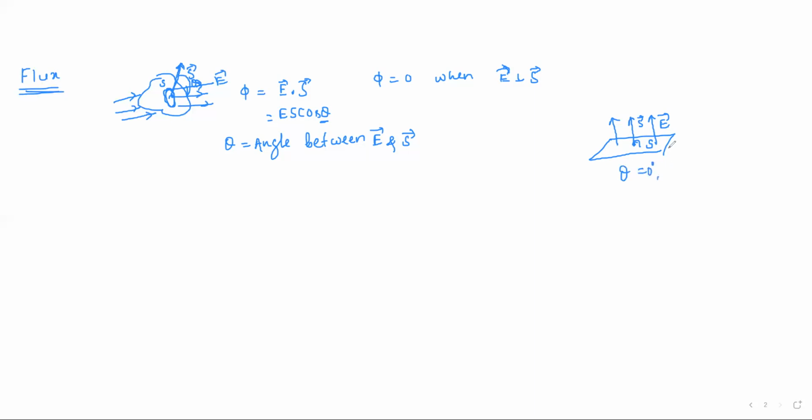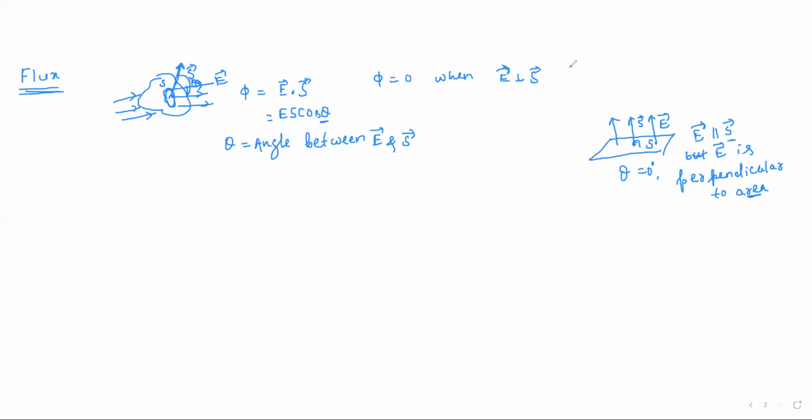That means the electric field is parallel to the S vector, but perpendicular to the surface. We can say the electric field is perpendicular to the area or normal to the area. This is the difference: parallel to the area vector but perpendicular to the area.